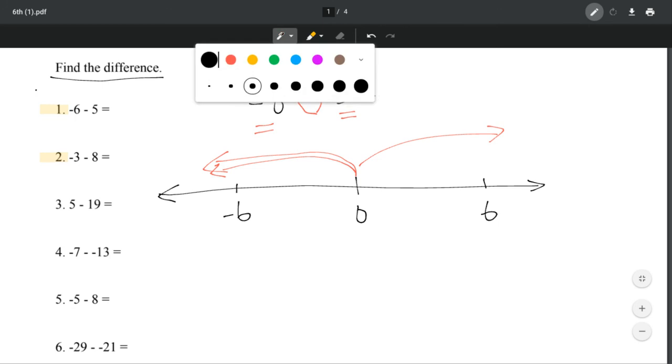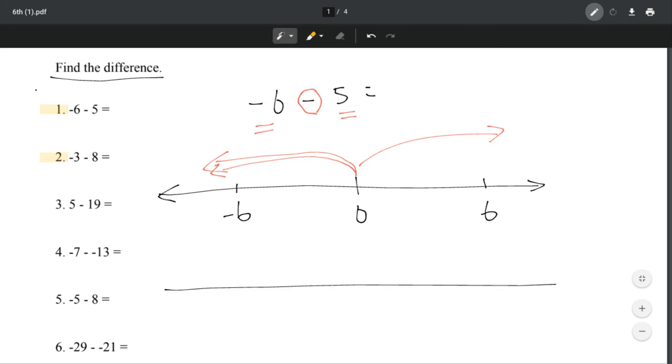So knowing that, let's go ahead and draw another number line. Okay, where there's 0, and then there's -1, -2, -3, -4, -5, -6, so there's -6, okay? And there's -7, -8, -9, -10, -11, -12, -13, and so on and so forth, okay?